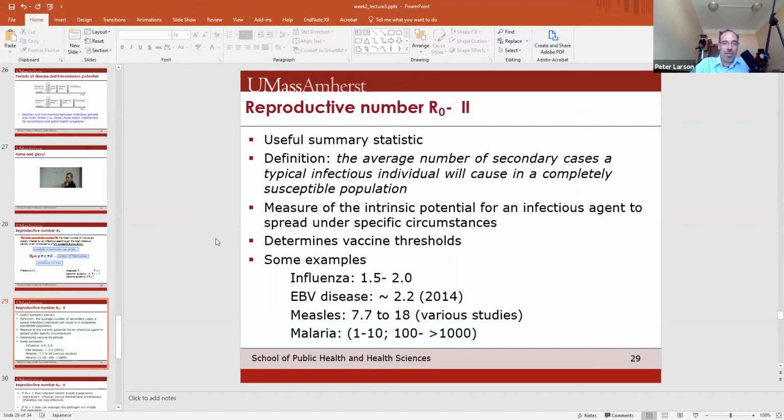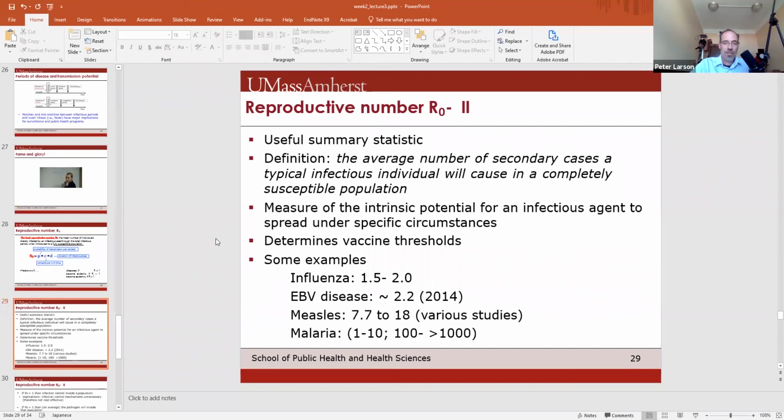And this often determines vaccine thresholds. If R naught is high, for something like measles, for example, we have to have more people vaccinated for measles than we would for something like influenza, which is quite low.